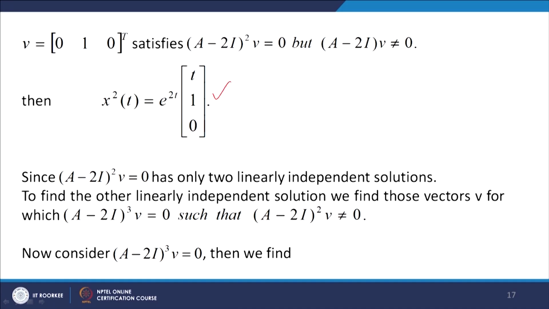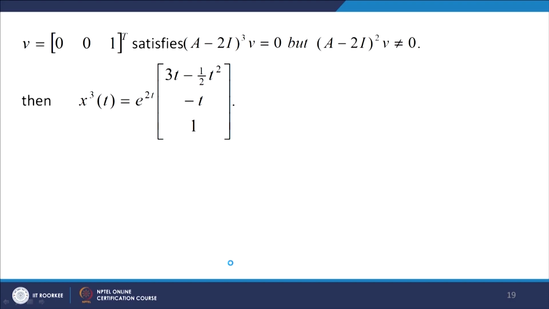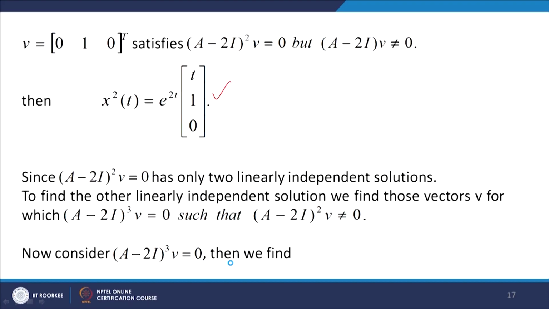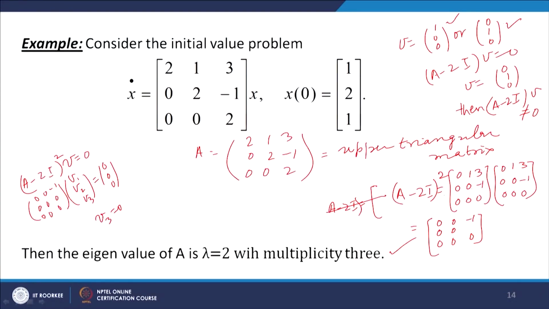Now, we still have to get one more solution, because (A minus 2I) whole square B has given only two linearly independent solutions. So, let us consider (A minus 2I) whole cube B equal to 0, such that (A minus 2I) square B is not equal to 0. Then (A minus 2I) whole cube B equal to 0 gives us (A minus 2I) whole square, which we found as this.